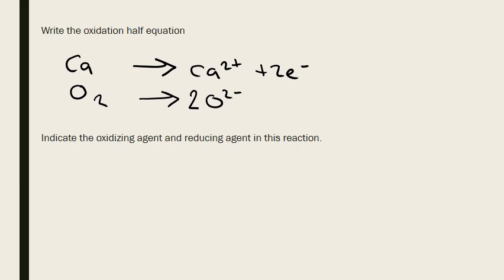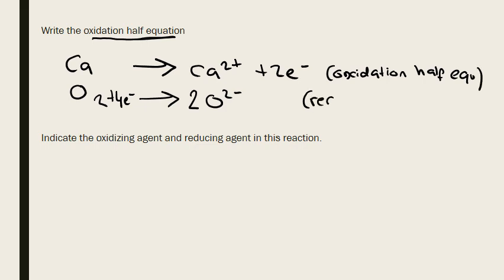One oxygen has gained 2 electrons, so the 2 oxygens will gain 4 electrons. We don't have to do more than this. So this is the oxidation half equation, and this is the reduction half equation.